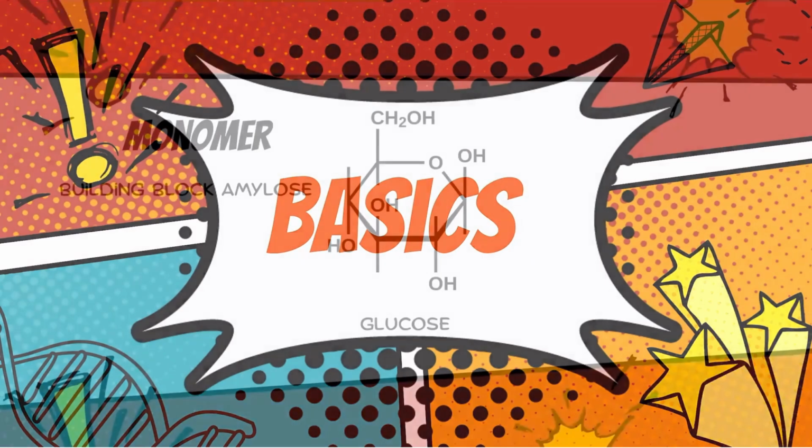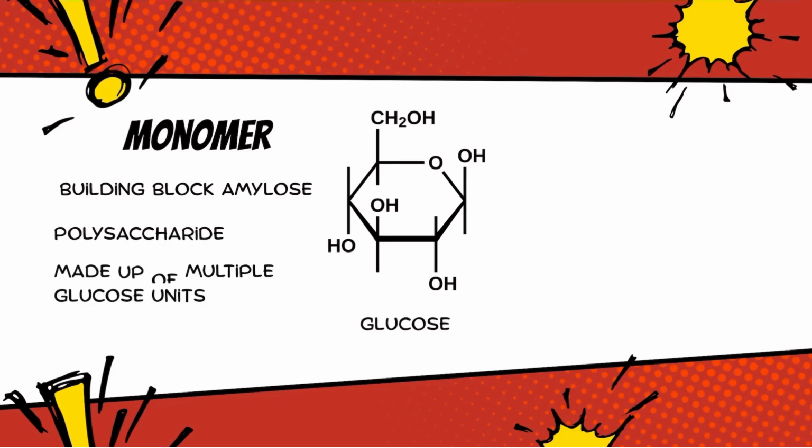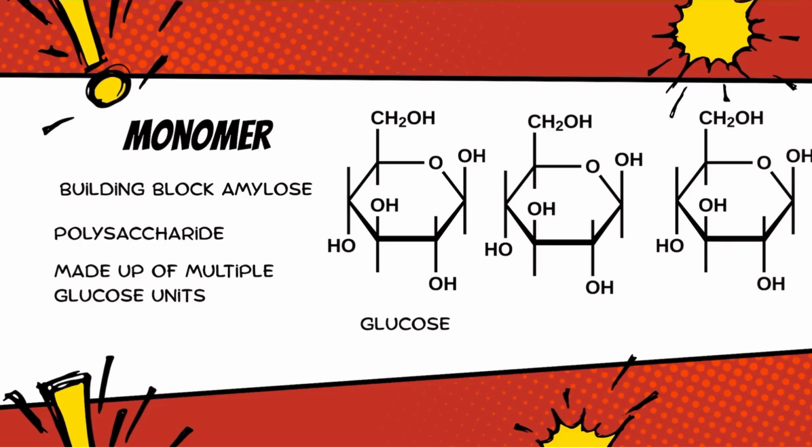So first, we have the building blocks of amylose, which is glucose. Amylose is a polysaccharide, which means it is made up of multiple glucose units that are supposedly connected together. But how are they connected together? Or what connects them together?